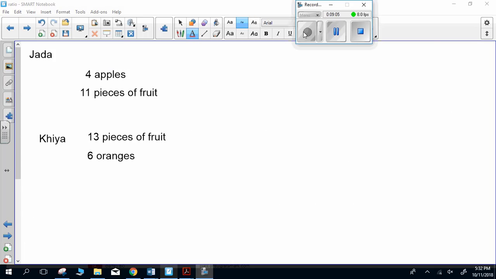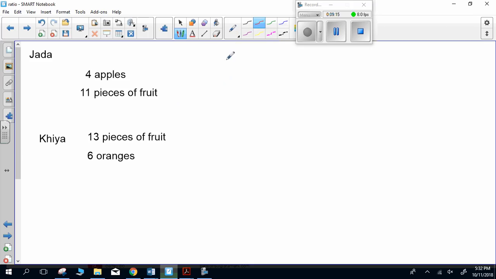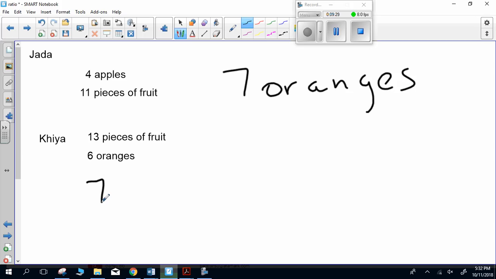Okay, so I wrote out what each of the girls has. Jada has 4 apples and 11 pieces of fruit. Since she has 11 pieces of fruit, that means that 7 pieces of her fruit must be oranges. And Kaya has 13 pieces of fruit, 6 of which are oranges and 7 are apples.